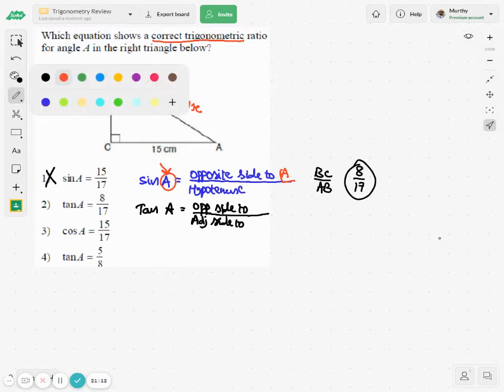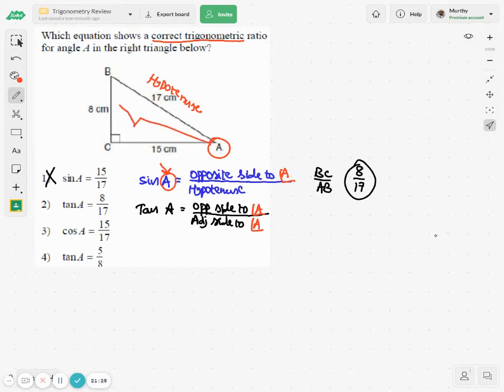In order to eliminate confusion, you have to take the letter. So opposite side to angle A over adjacent side to angle A. Here is A, and this is the opposite side, which is 8 centimeters, and the adjacent side is AC. Therefore, it equals BC over AC.